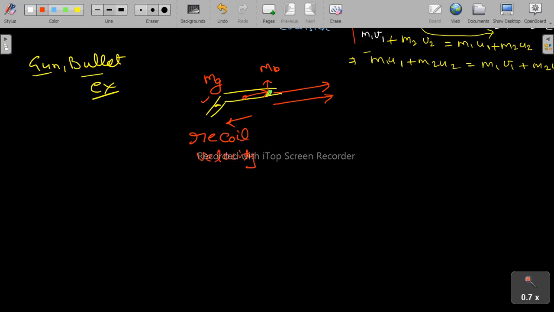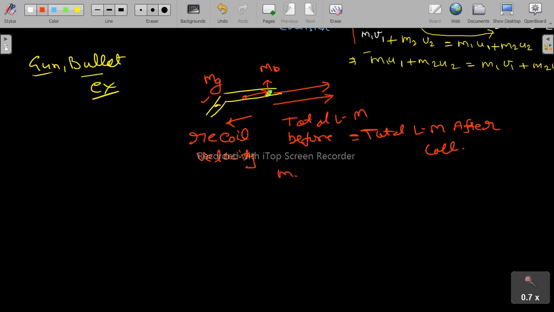If we apply conservation of linear momentum, the total linear momentum before collision equals the total linear momentum after collision.